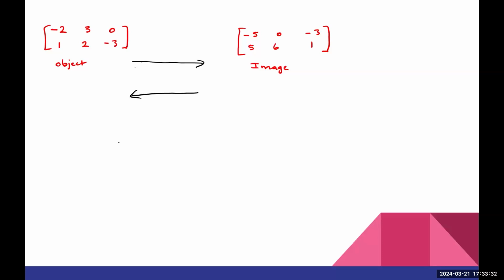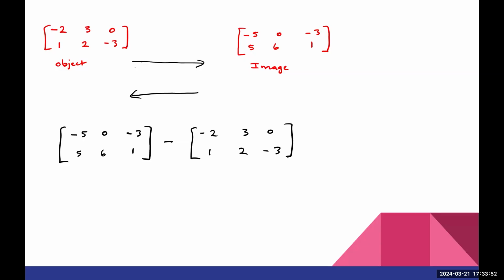So let's write image first: -5, 0, -3, 5, 6, and 1. And let's subtract -2, 3, 0, 1, 2, -3.